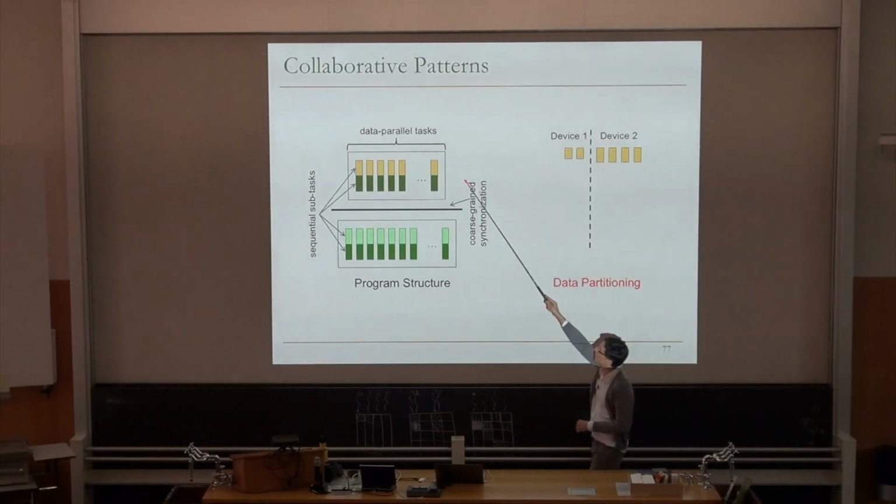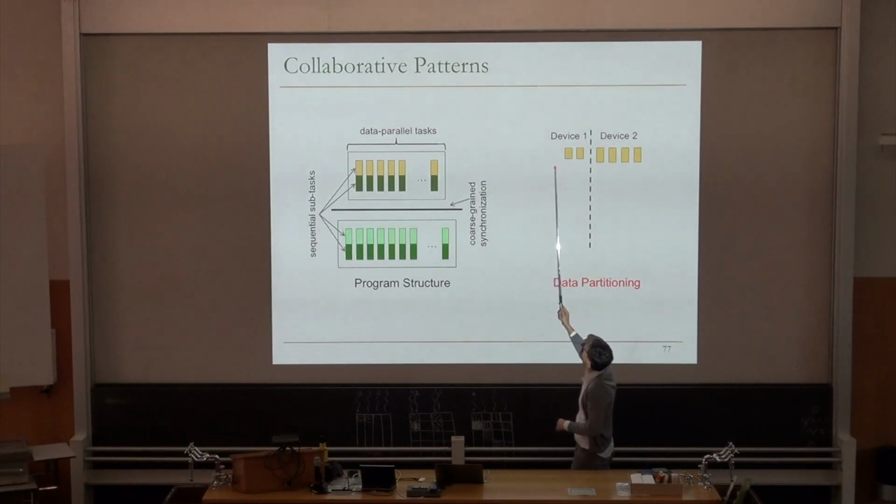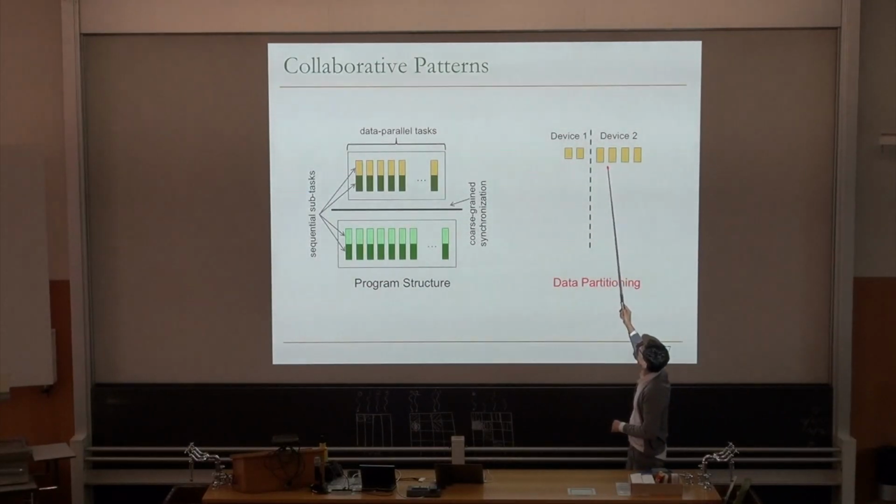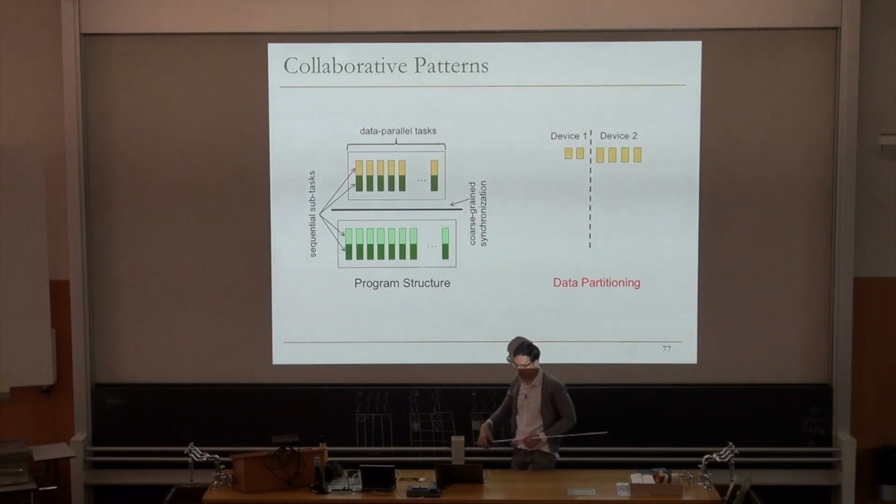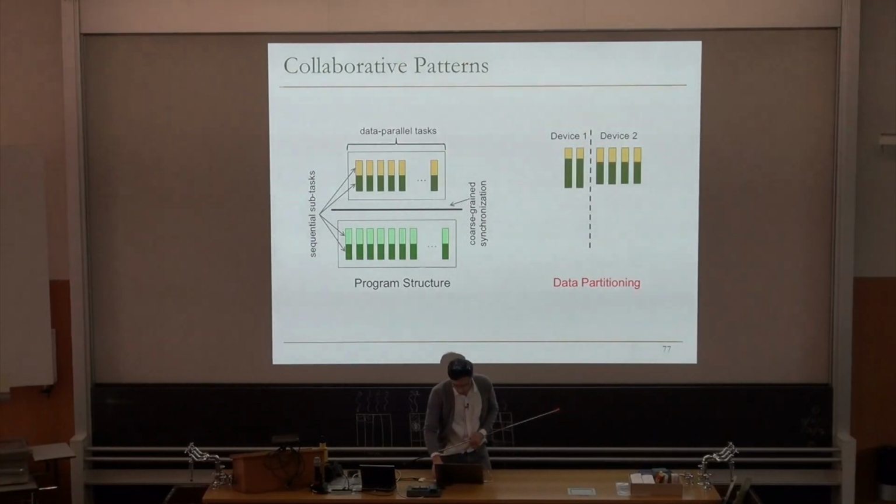In this case, the first subtask takes less time in device 1 than in device 2. When the first subtask has finished, we have the second subtask. It turns out that in this case device 1 is slower for the second subtask, and then at some point we can still have the coarse grain synchronization, the kernel termination, and then we launch a new kernel. This is what we call the data partitioning pattern.